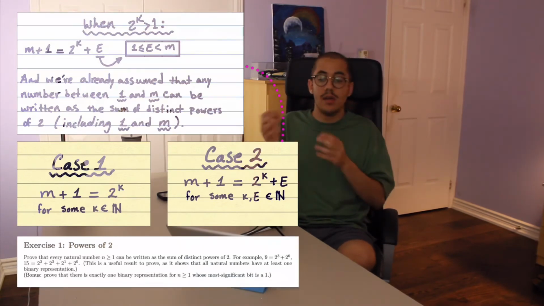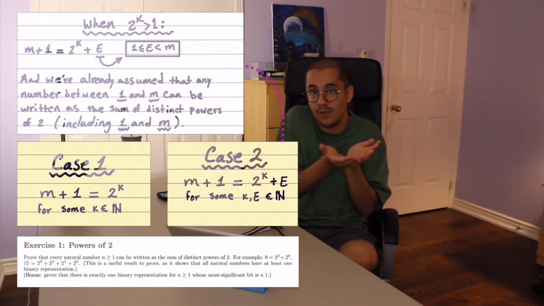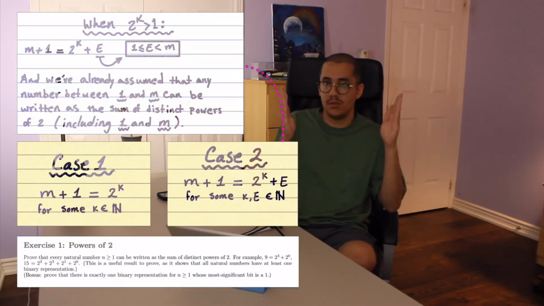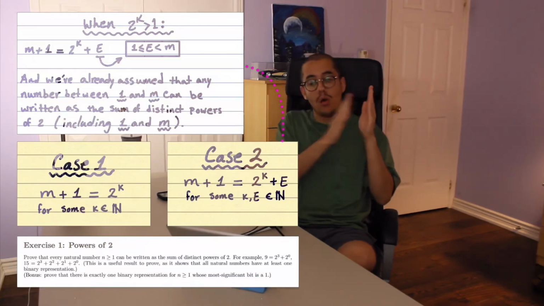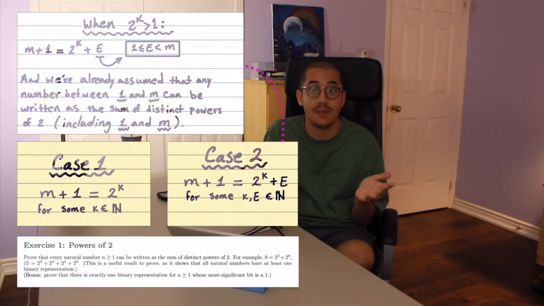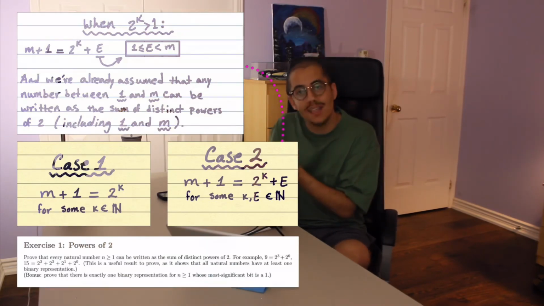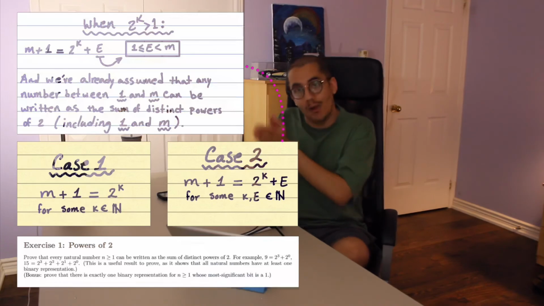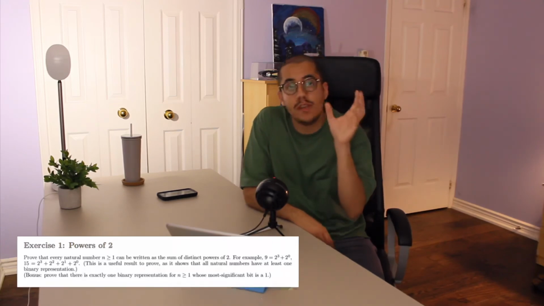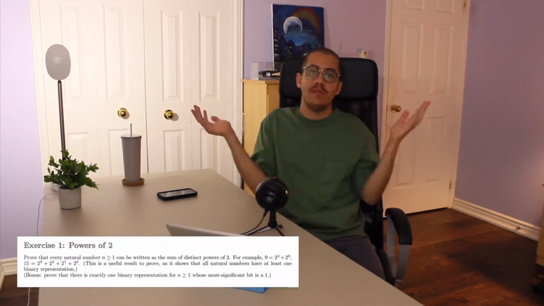So therefore, we've covered our bases. 2 to the power of k is already a power of 2, and the extra e, whatever it is, can also be written as a sum of distinct powers of 2. Because these two things are added together, m plus 1 can be written as a sum of distinct powers of 2. And by proving that, we have finished proving our case.